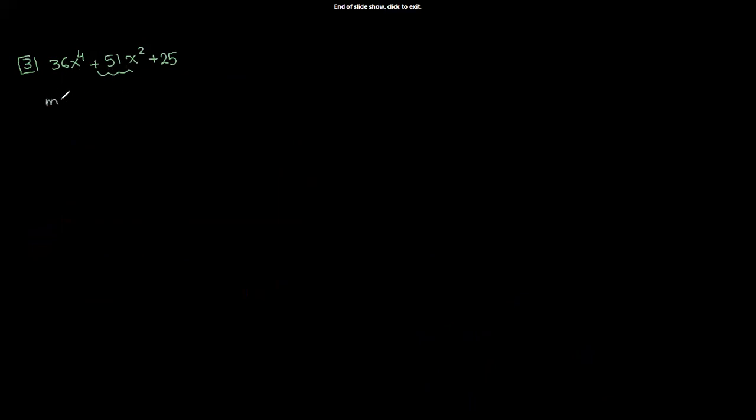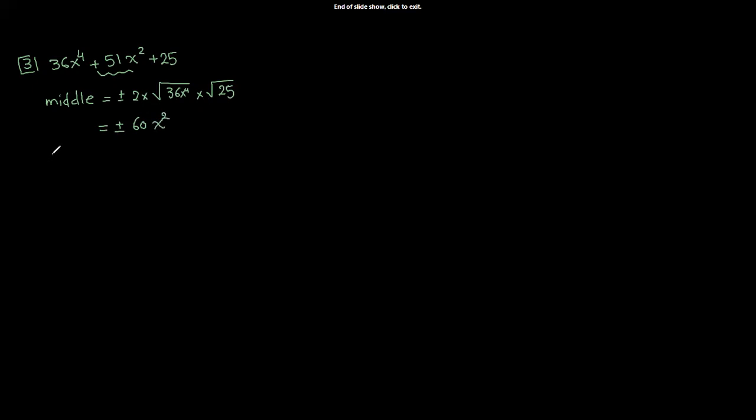So our middle will be positive and negative 2 multiply root the first, 36x to the power 4, multiply root the third, 25. So it will be positive and negative 2 multiply 6 multiply 5. 2 multiply 6 is 12, multiply 5 is 60x to the power 2.